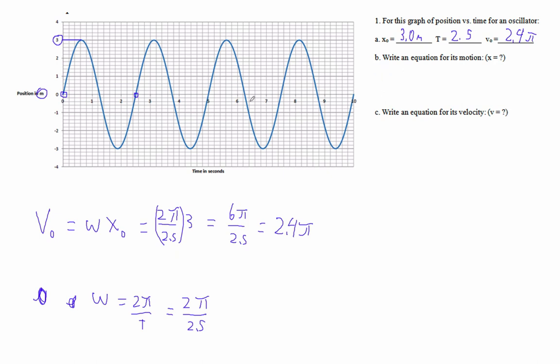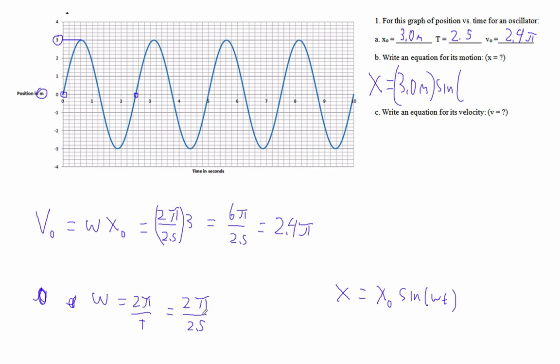So this is sine, isn't it? Don't you think? I think that's just positive sine. So x is equal to, and the general form of the formula is x is x naught sine omega t, right? So let's just plug in our numbers here. So 3.0 meters sine, and then it's 2 over 2.5 is this guy, right?